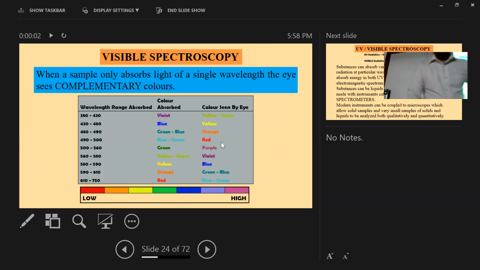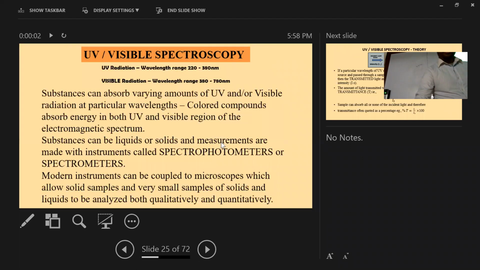Anyway, so that is the energy range, or the different colors that we are observing.